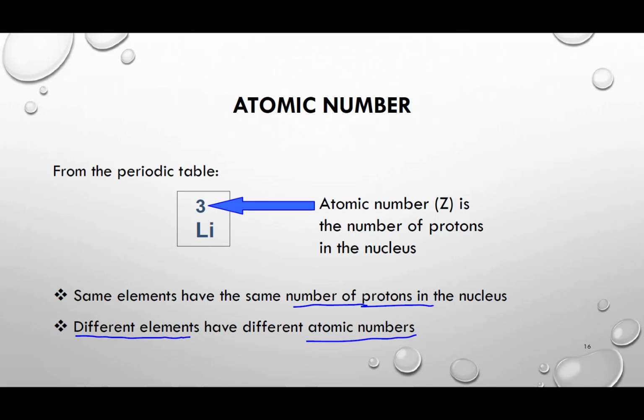It's impossible. If you look at your periodic table, you will see each element has its own atomic number. That's how the periodic table is organized. It's based on the atomic number of the element, which is the number of protons.